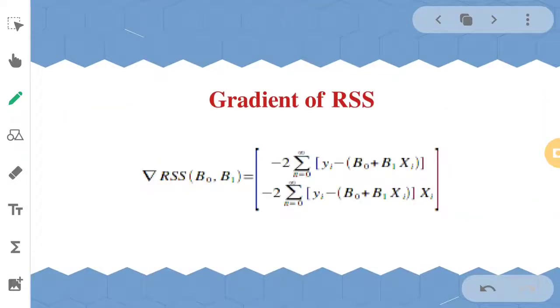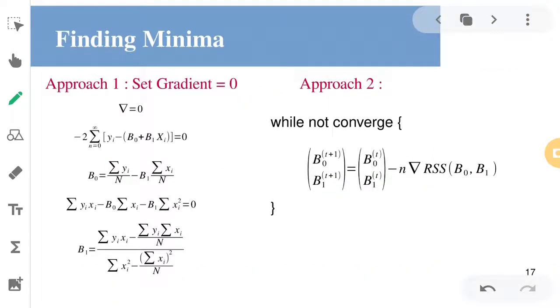Now the gradient of RSS. This is the gradient of RSS. Now how to find minima? There are two approaches. At first, set the gradient equal to 0 and then solve it to find b0 and b1, or use gradient descent.